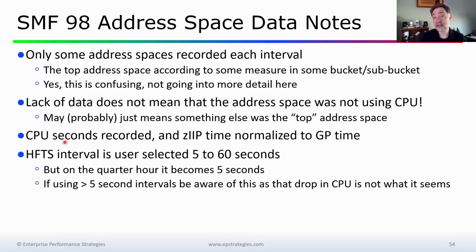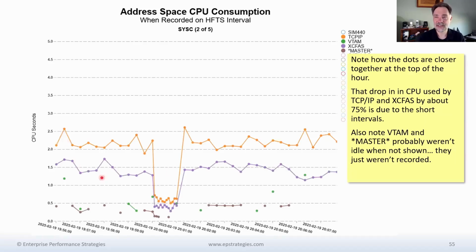So if you're using an interval that's greater than 5 seconds, be aware that what you'll see is this precipitous drop in CPU consumption at the top of the hour, and it looks like there was a problem here, right? And the answer is no, there really wasn't a problem here. It looks like TCP/IP was consuming this much CPU, and all of a sudden it was consuming a whole lot less CPU.